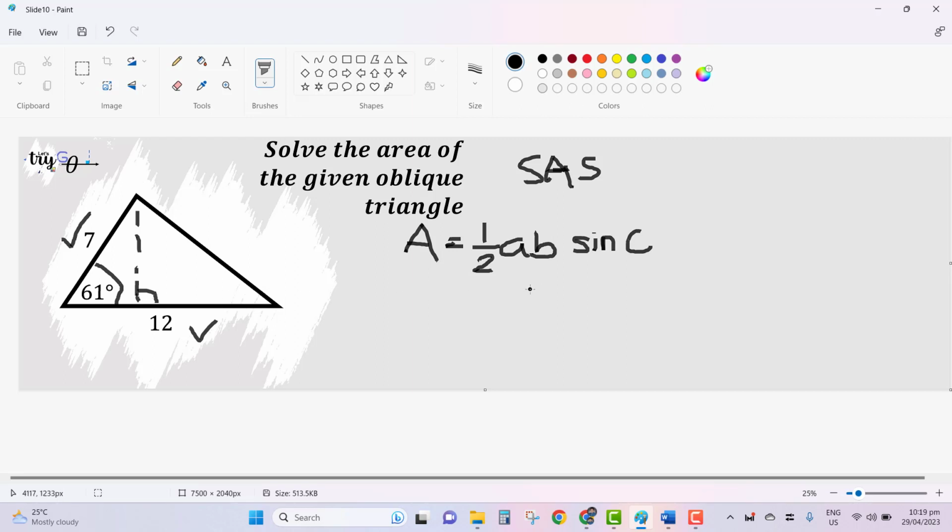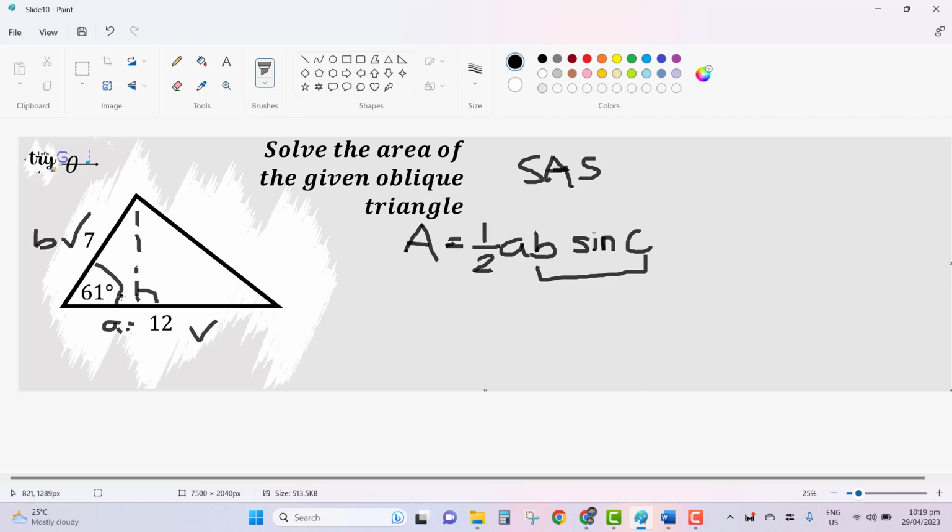Now this is actually derived from the usual formula of 1/2 base times height. If we treat this as our side A, and this would be our side B, the value of B sine C is actually the measurement of your height. So this is still 1/2 base, which is A, times height, which is B sine C, derived from the right triangle formed here with the 7 as your hypotenuse and your angle here.